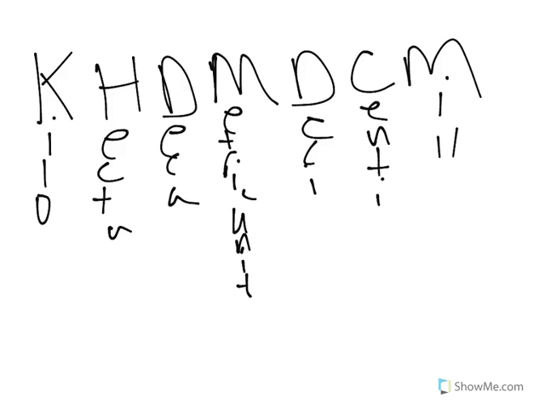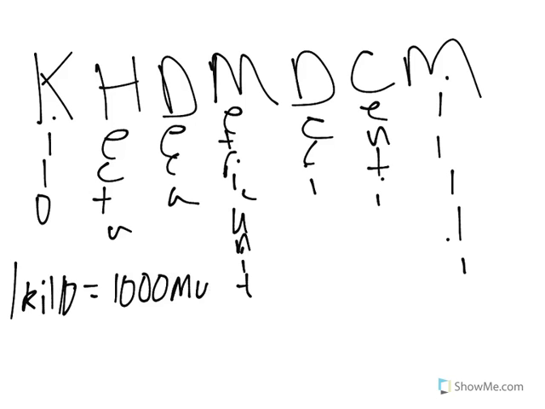Alright? I think I put too many L's in milli, but oh well. So this is the basics of what it is. So the way you can calculate this, there's a couple ways. You can remember that in 1 kilo there are 1,000 metric units.